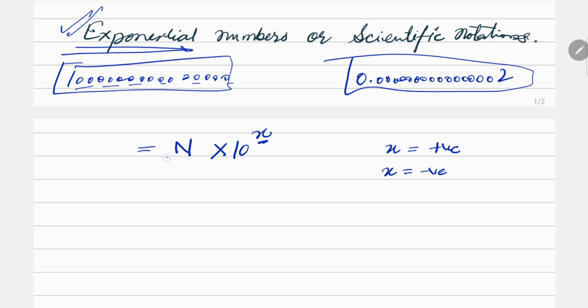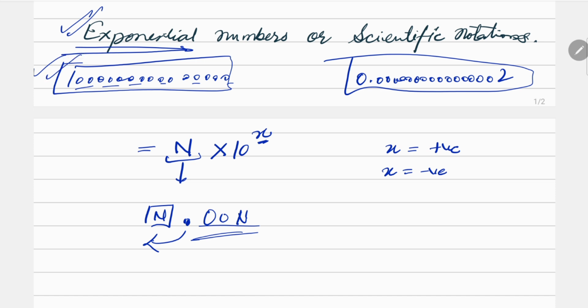Now there are a few things you have to remember when writing the numeral number. It should have a non-zero digit before the decimal, to the left-hand side, and after the decimal there can be any numbers, zero or non-zero. Suppose I'm taking an example.